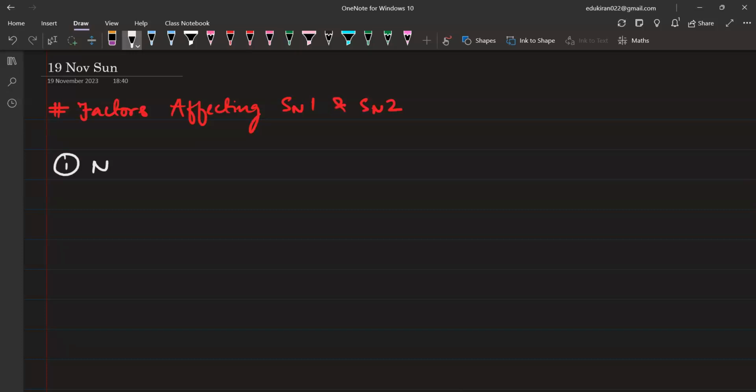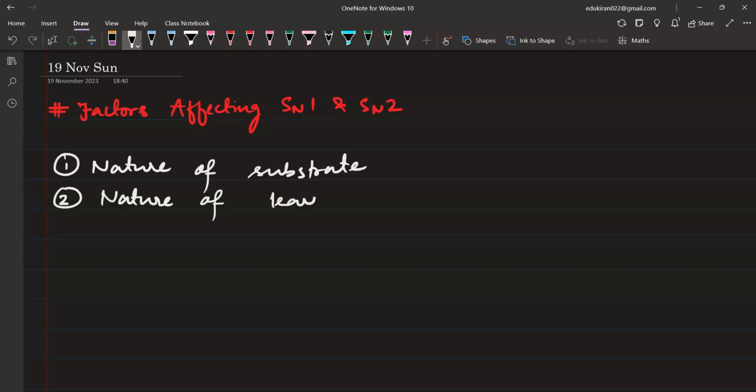First is nature of substrate. Then we have nature of leaving group. And thirdly, we have the effect of solvent.